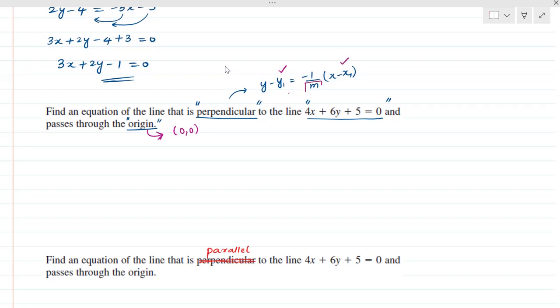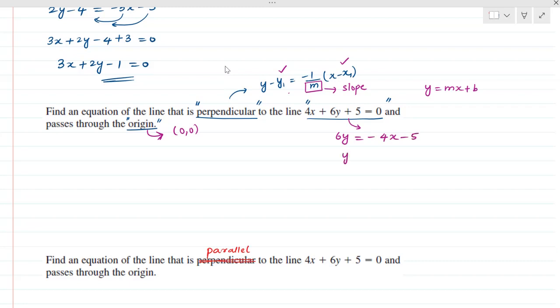But what about m, the slope? The slope I have to calculate from the line. How will you calculate it from the line? I will write it in the intercept form, y equals mx plus b. The given line I have to reduce into the intercept form. How will you reduce? 6y, I will move all the terms to the other side: minus 4x minus 5.